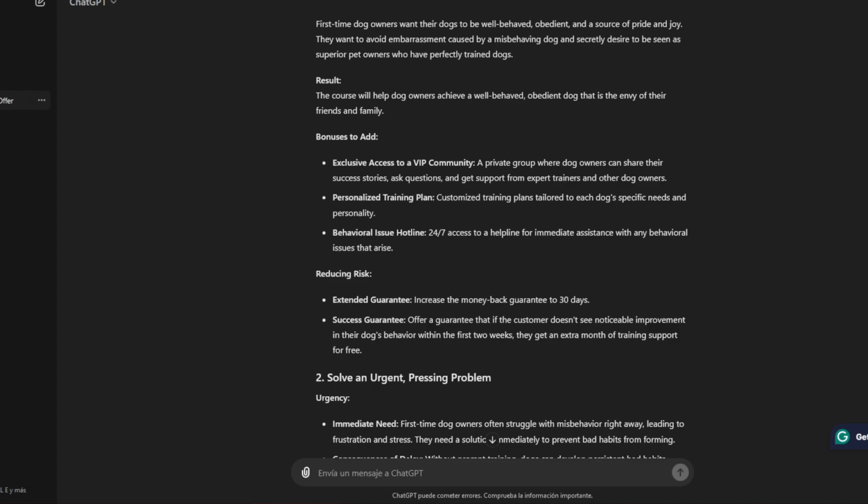It also gives us ideas of bonuses that we can add. Again, this all comes from ChatGPT. I didn't give it this information, but it gives us ideas of exclusive bonuses we can add: exclusive access to the community, a personalized training plan, a behavioral issue hotline. Maybe that last one is not really something you can implement, but the other two maybe you can, and they could make your offer more appealing.